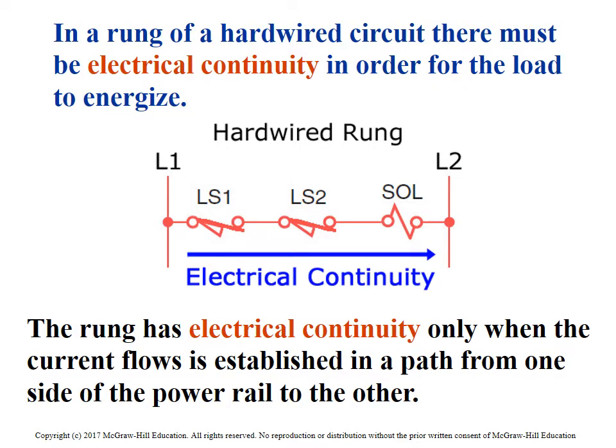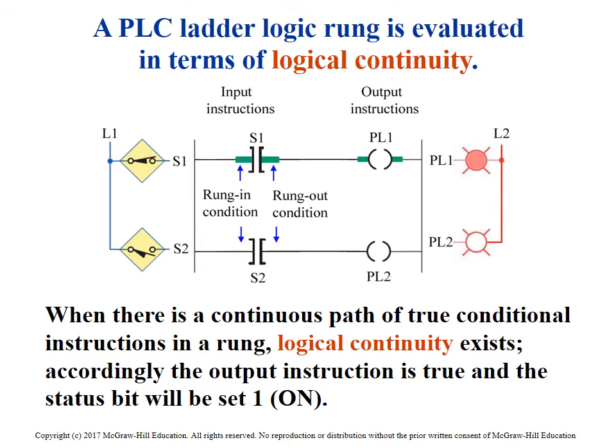So again, in the hardware circuit, there must be continuity for a load to energize. It's the same thing for the PLC program. Let's take a look and see what that has to say for us. As I mentioned before, when that continuity takes place, when we get this highlight point here, that means I've got continuity through this open contact.